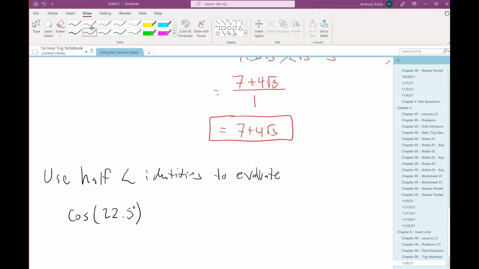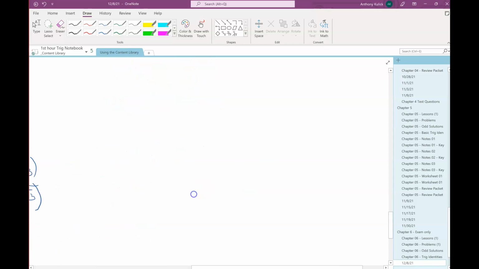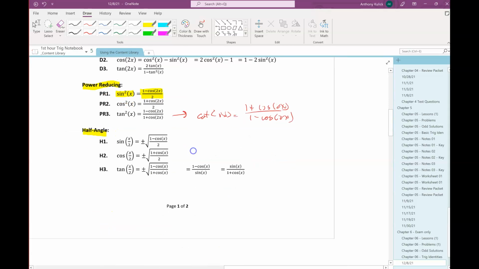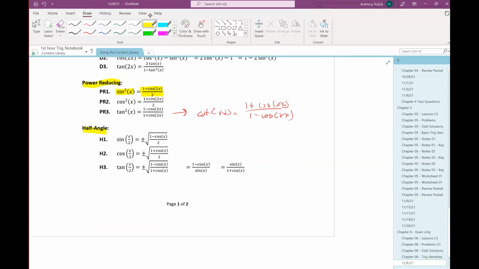If I go and I look at the half angle identities, I'm going to need to rewrite, I used cosine, right? In my example there, is that right? I wrote cosine of 22.5, okay.